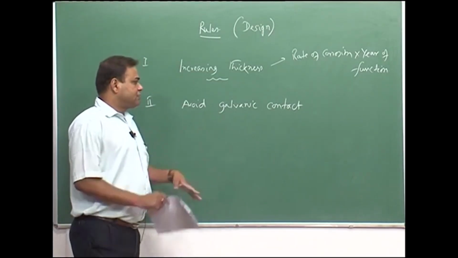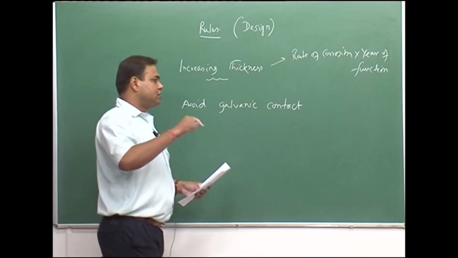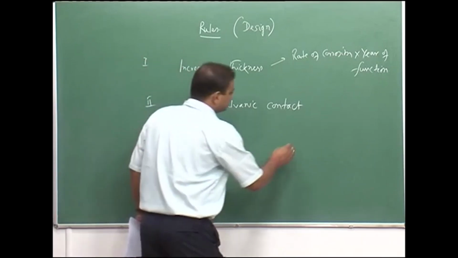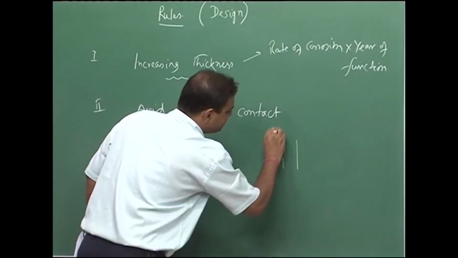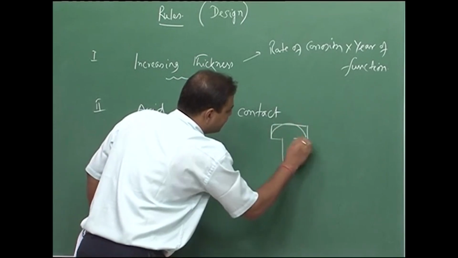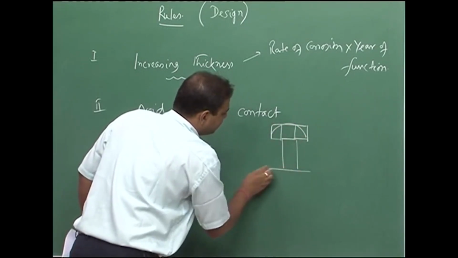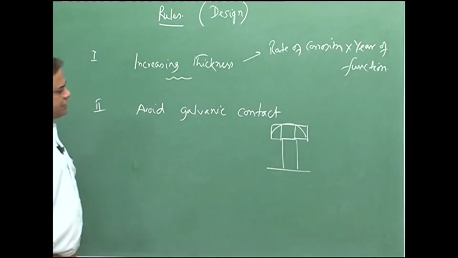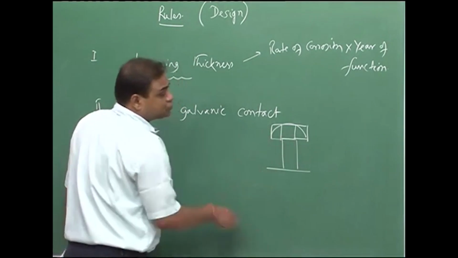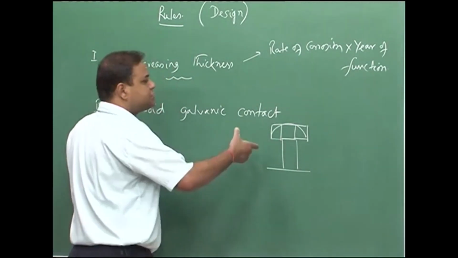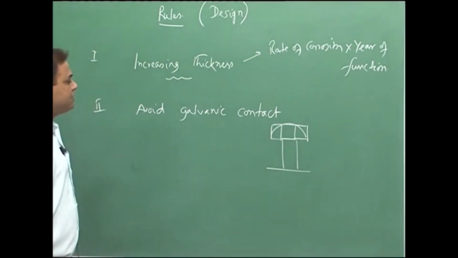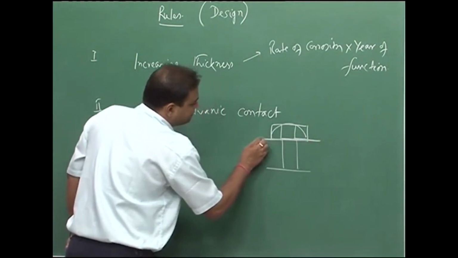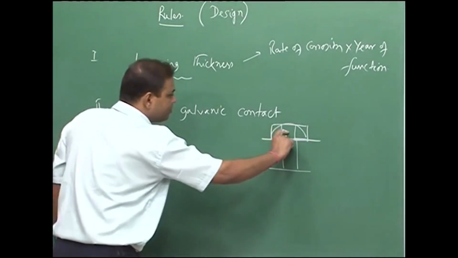For example, if we have a bolt system, which is basically a fastener, the bolt material of course would be different from the base material which is getting fastened. So, somehow we can think of something which prevents that metallic contact between the bolt material and the base material.